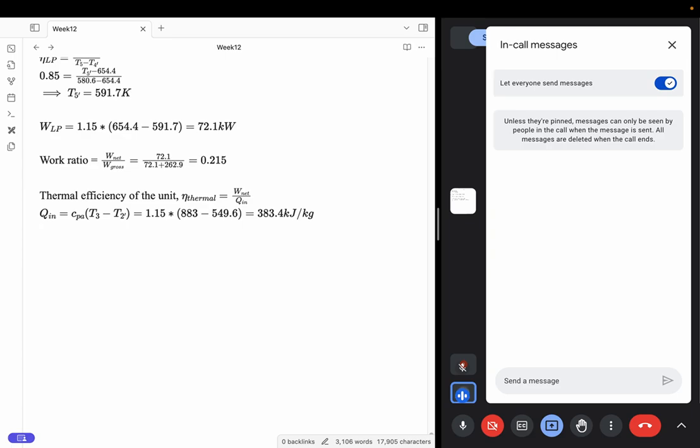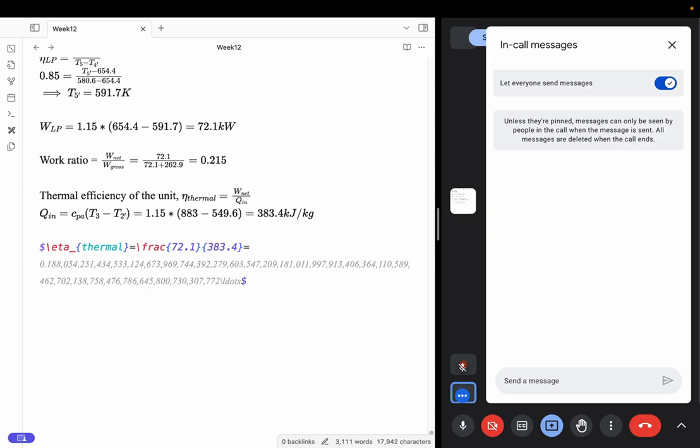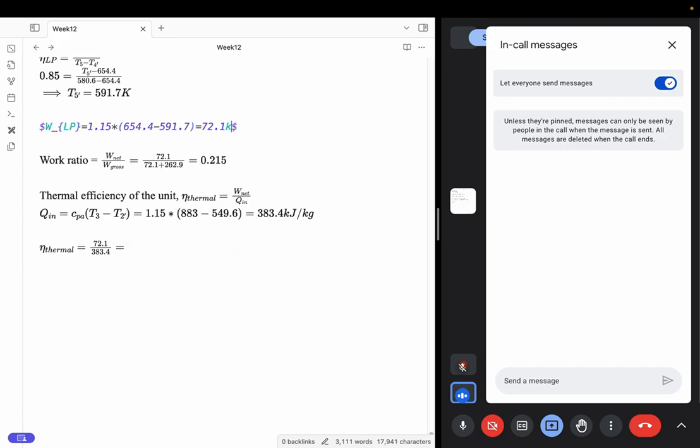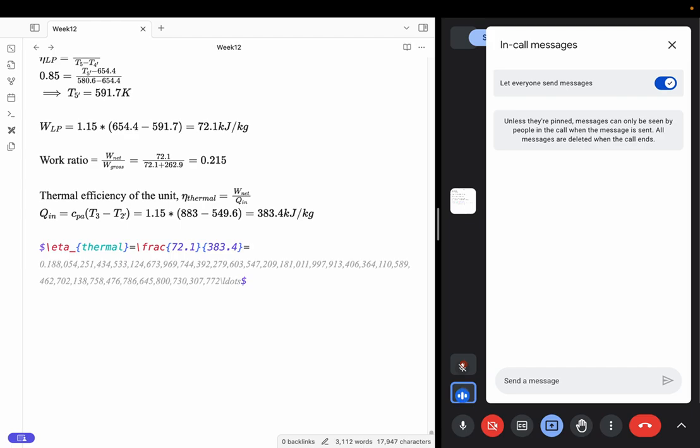Now we have the heat and the work output, so we can directly calculate the thermal efficiency. 72.1 divided by 383.4. I think I used the wrong unit here. And this comes out around 0.188.